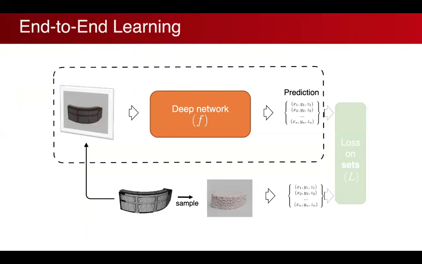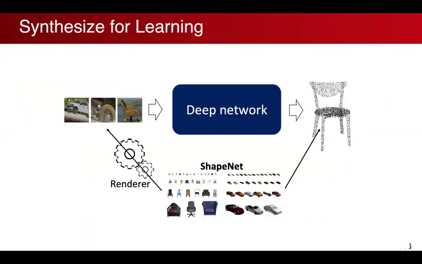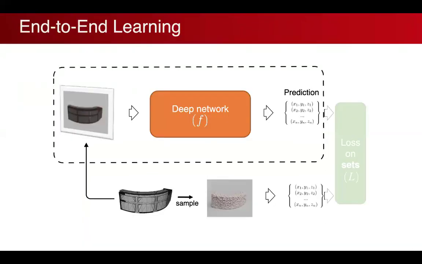The idea here is that we have a 3D model in this ShapeNet data set. From the 3D model, we can generate an image and also sample points. And these points are going to be a reference that the neural network has to predict.